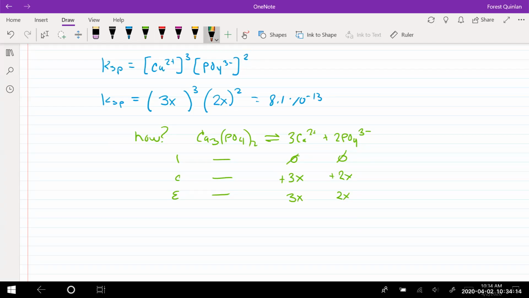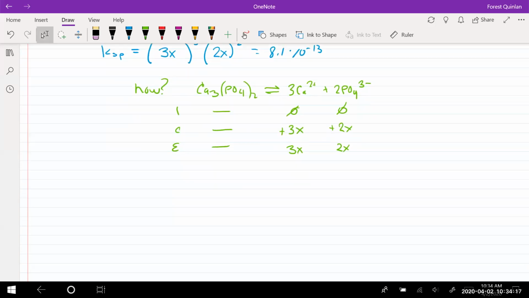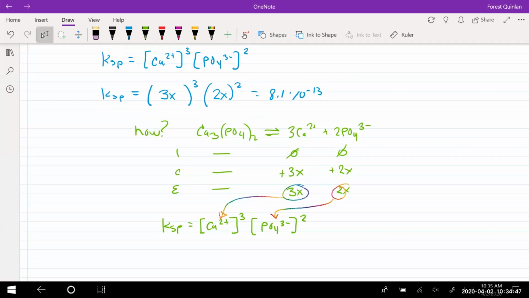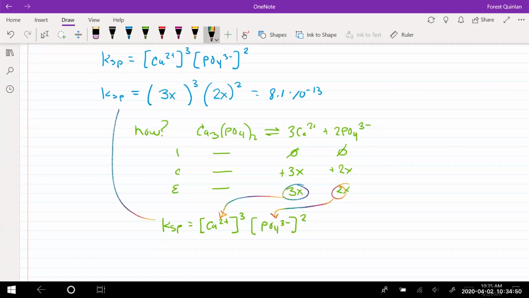If our Ksp is the calcium cubed and the phosphate squared, we're just going to take these 3 x's and plug them in here, and the 2 x's and plug them in there. And that's how we end up with what we have above. 3x cubed and 2x squared.